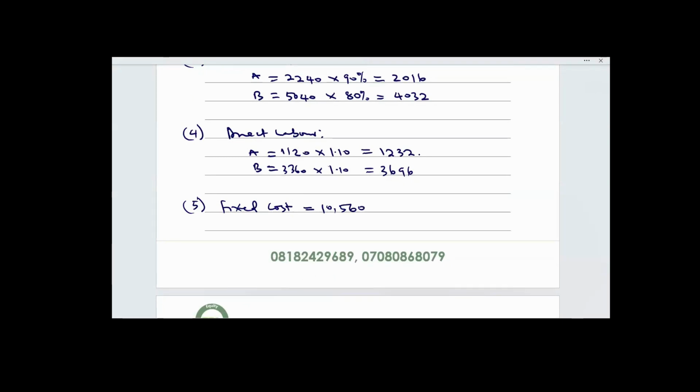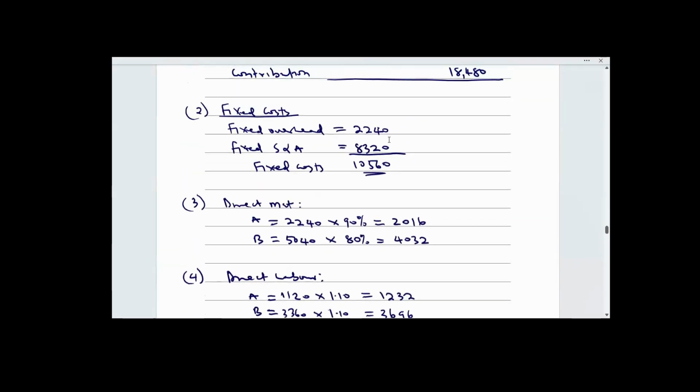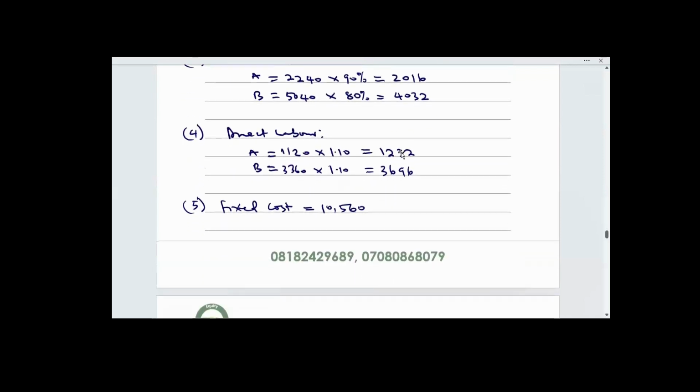I think we did that in working number 2. Yes, this is it. We are now told that additional fixed costs will be incurred of 456,000. So this will give us 11,016,000.